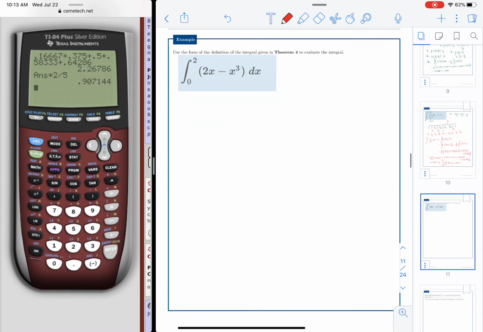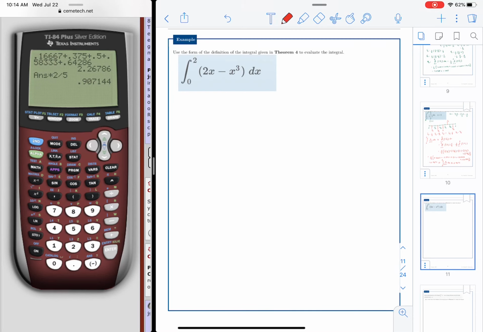So here we have a problem where we've got to use the form of the definition of the integral given in Theorem 4 to evaluate the integral. By Theorem 4, I am referring to Theorem 4 in the textbook. The textbook details are on the first page.